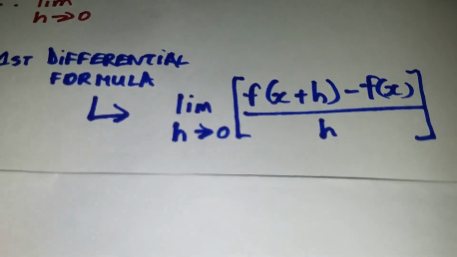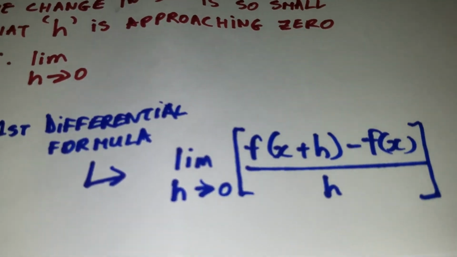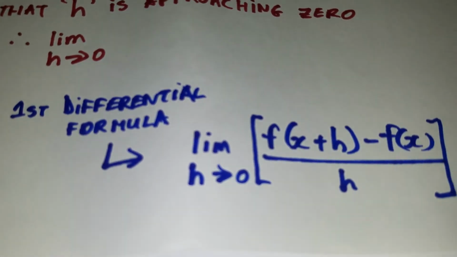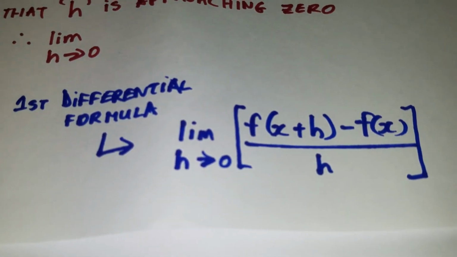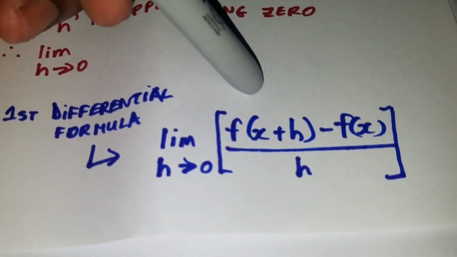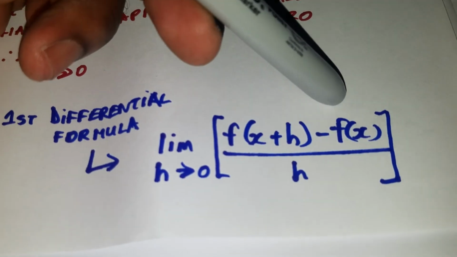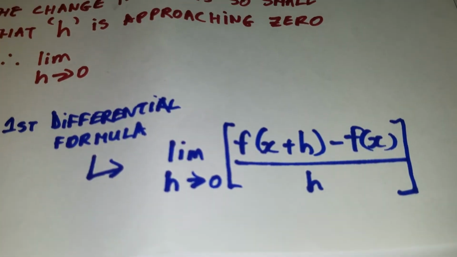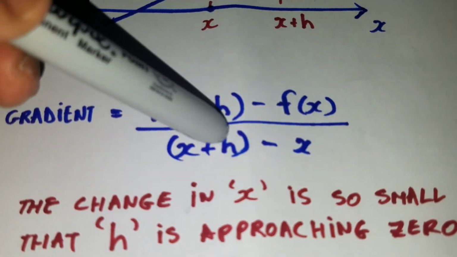And because of that, the first differential formula, meaning when you're differentiating something, we're going to realize that the limit as h approaches 0 of the function f of x plus h minus f of x divided by h. Because remember, once more, we said that x cancel x, so we'll be left with h.